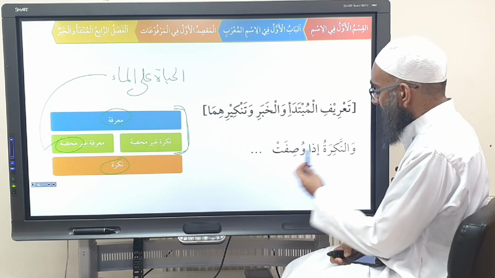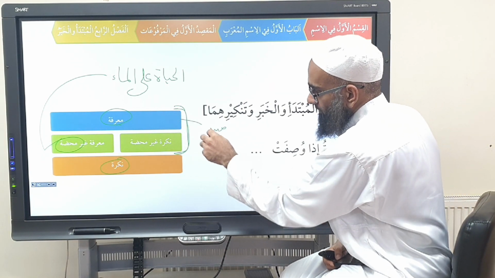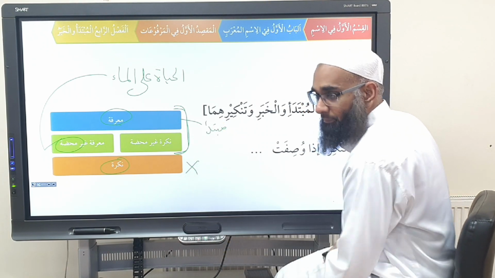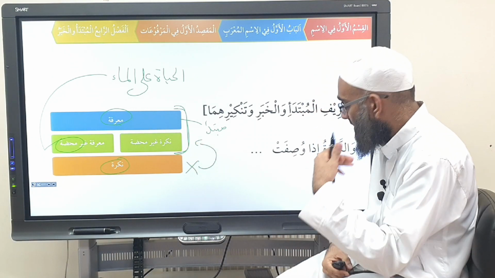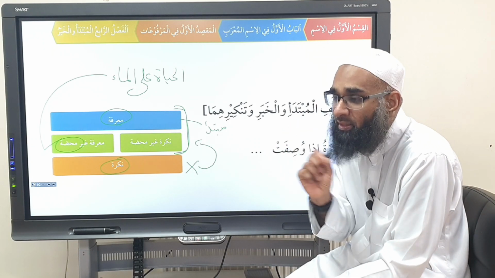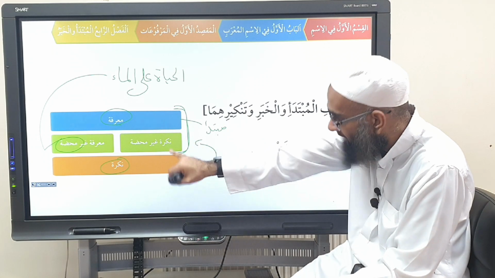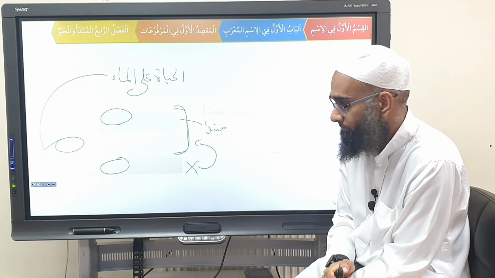So a mubtada has to be ma'rifah, and nakira can't become mubtada. But if you make the nakira mufida, making it specific, you describe it, you give some kind of benefit to the nakira, and we know a bit more about it, then you can make it ghayr mahdha, and you can make it mubtada. Do you understand?